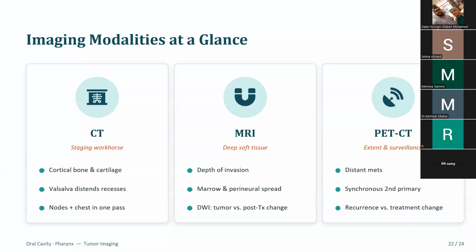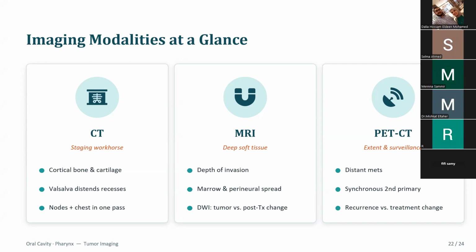Quickly, the imaging modalities. We have the CT, which is the everyday staging workhorse. It is best for the cortical bone, cartilage, and nose, and it catches the chest in the same pass. So it is usually the first study. And a Valsalva maneuver would help to extend the recesses. As for MRI, it is the problem solver for the deep soft tissue, the depth of invasion, the marrow, and the perineural spread.